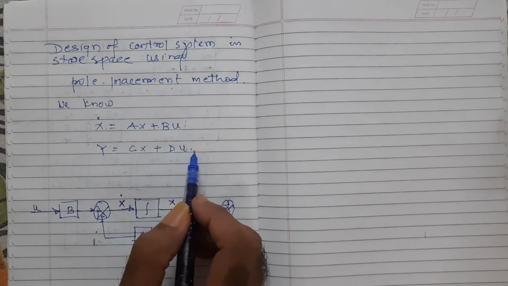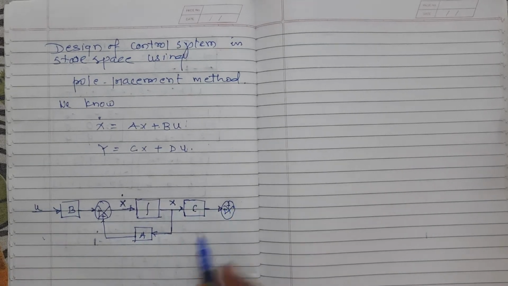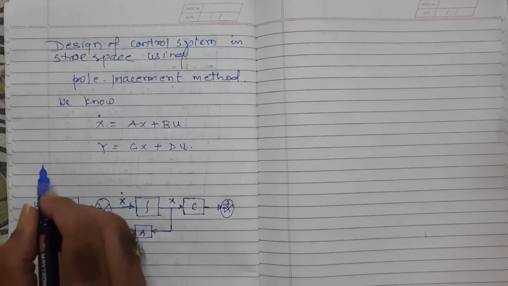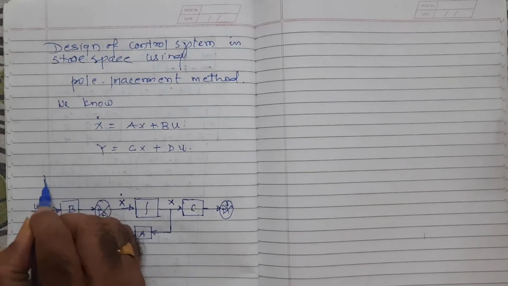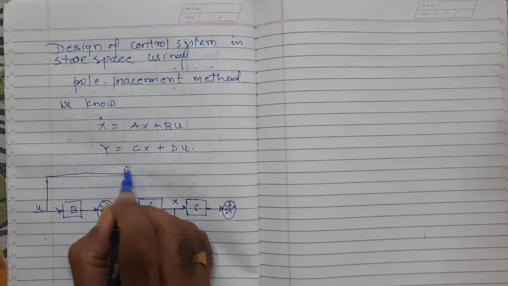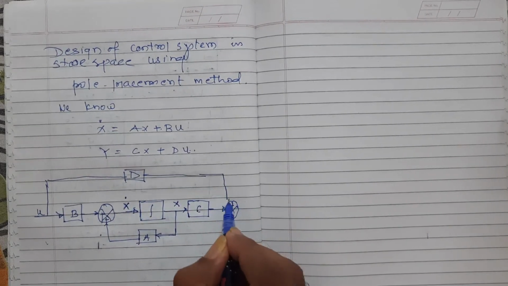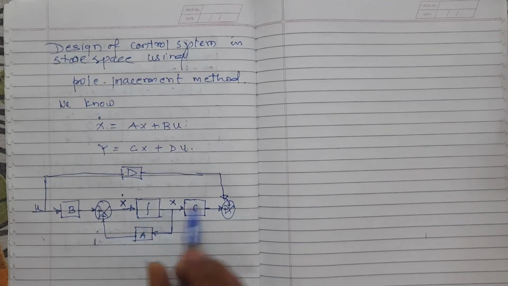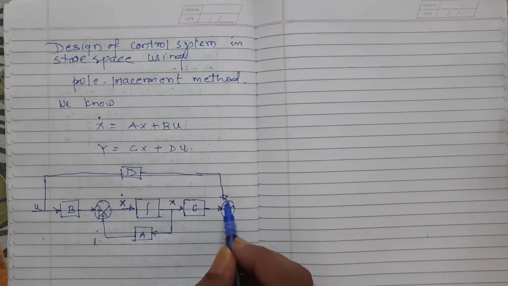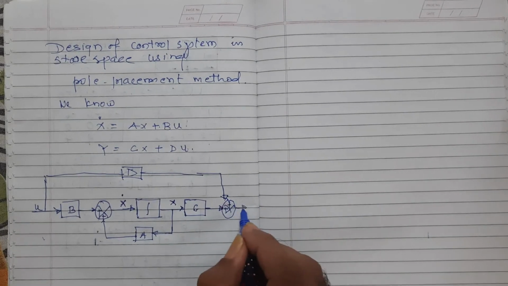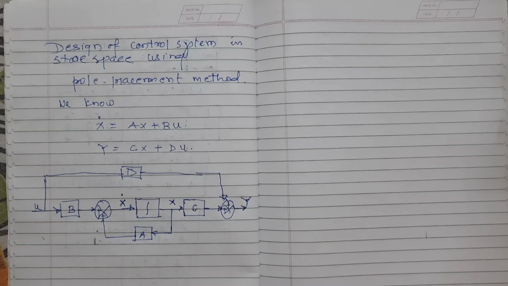Now we want du. Here is the u, so we take it from here and put one block, that is d, and add it here. This is cx plus du, and here we get y, that is my controlled output.